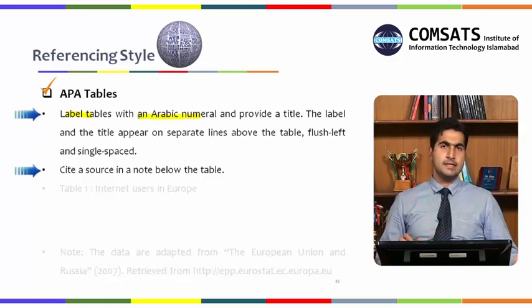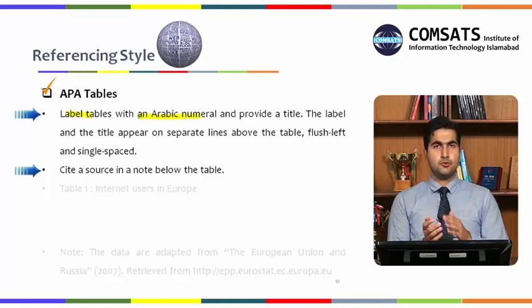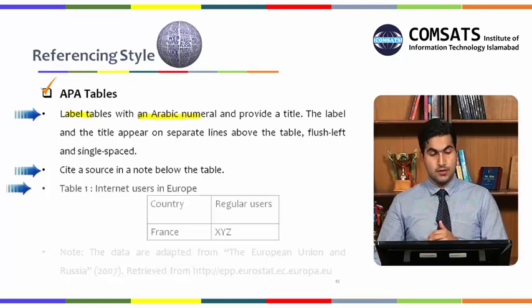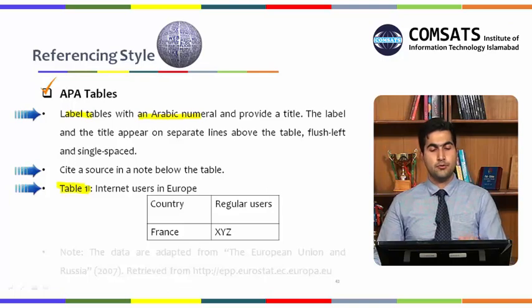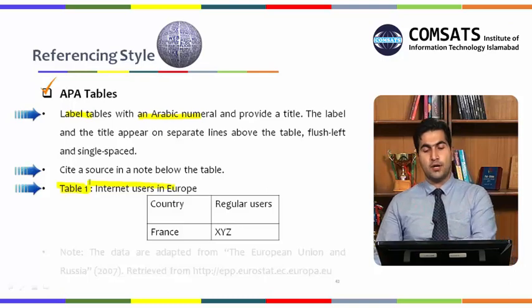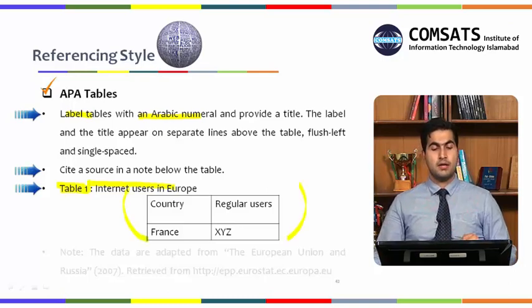Whenever you have to place a table, first you use these Arabic numerals 1, 2, 3, as you have it over here. This is the numeral they were referring to, and alongside it, with a colon, you place the topic, left-hand side, single spaced, and then you have the table over here.